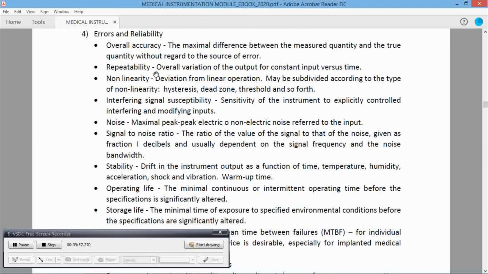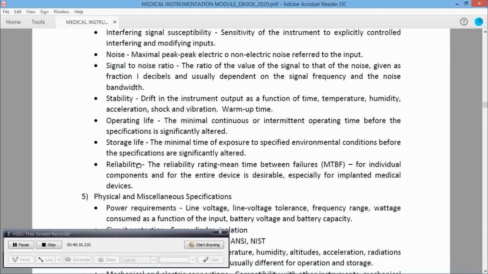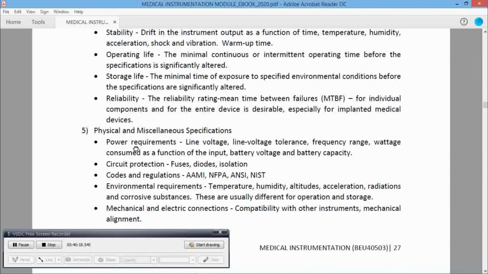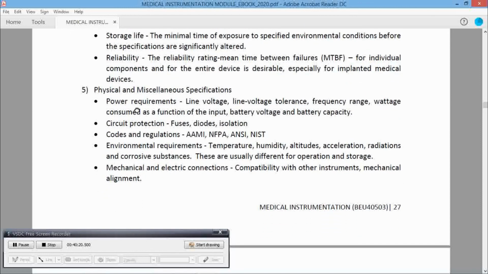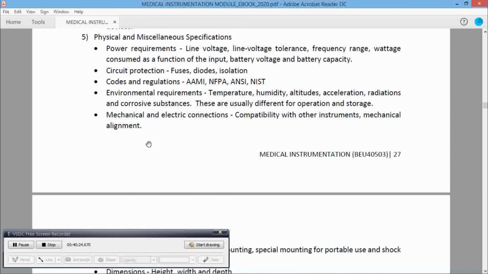Repeatability, that means if you do the repeat measurement, is it still reliable? So can you still repeat? Non-linearity, interfering signal, susceptibility, noise, signal to noise ratio, stability, storage life, reliability, and so many others. So physical and miscellaneous specification, just basic, right?